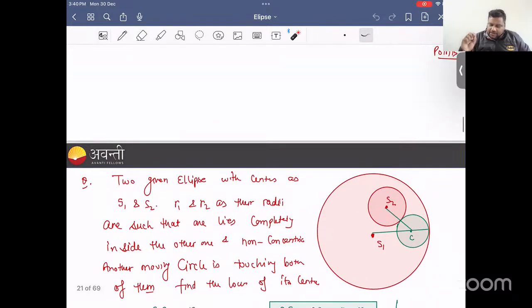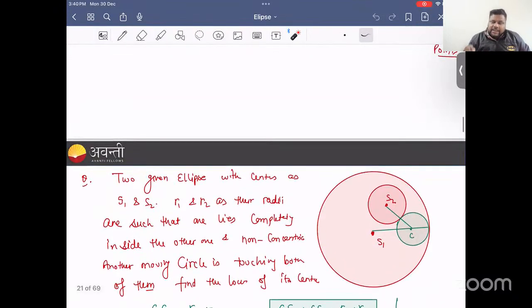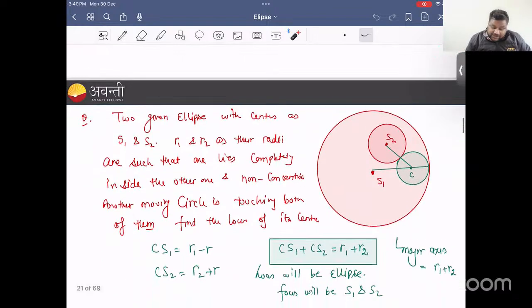Now, if you see, there are two red circles, one inside the other, having, I assume, centers S1 and S2. There is another green circle which is touching both of them. Definitely, if it is touching both of them, it will touch one of the circles internally and the other externally. Now, what do you have to say about the distance CS1?